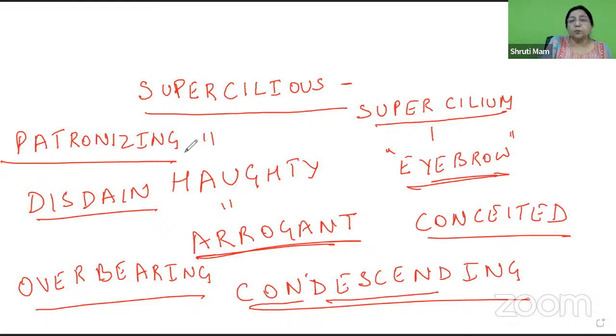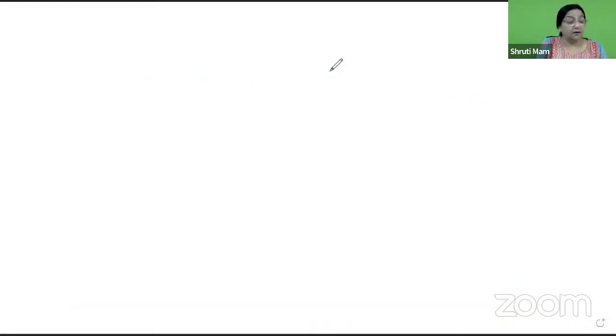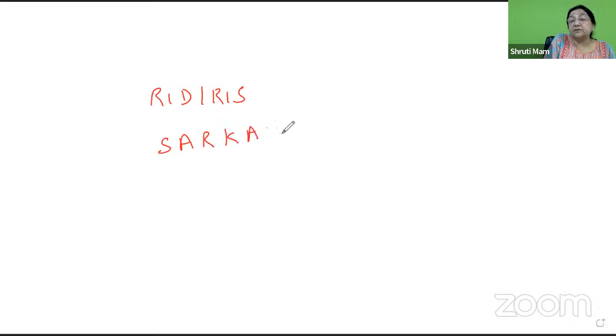Okay, so supercilious is the word. Then last word for the day. Last word for the day is going to be this. So we've done acidic. I again make a list. Redress, laugh. Sarcasm, not that sarcasm, our base word, chasm.